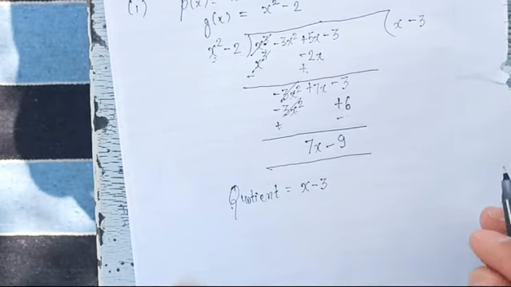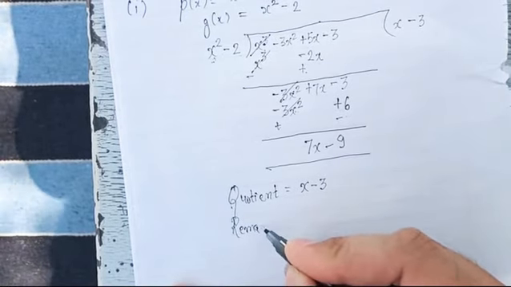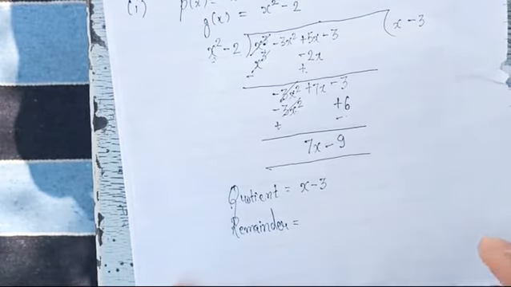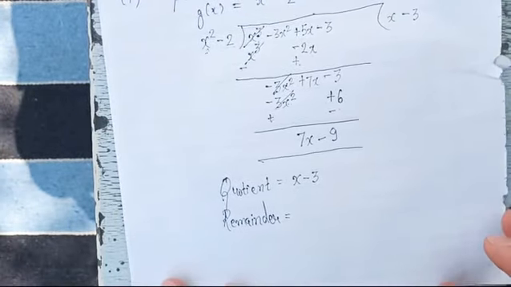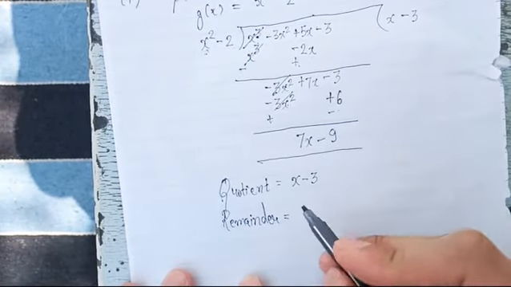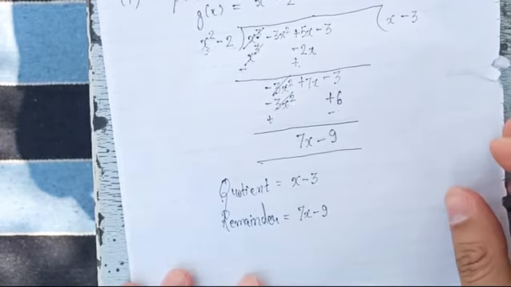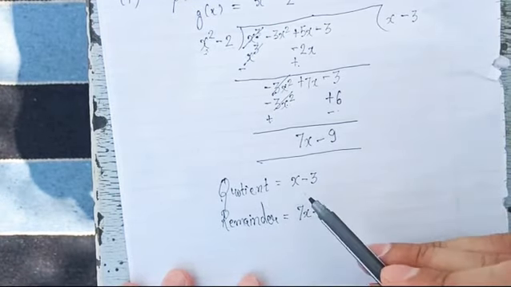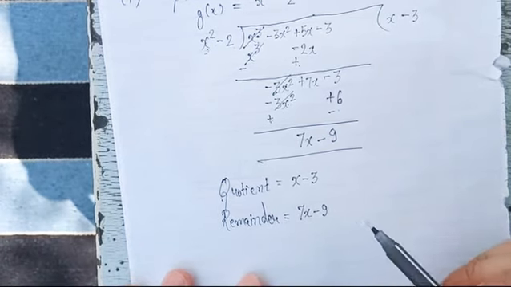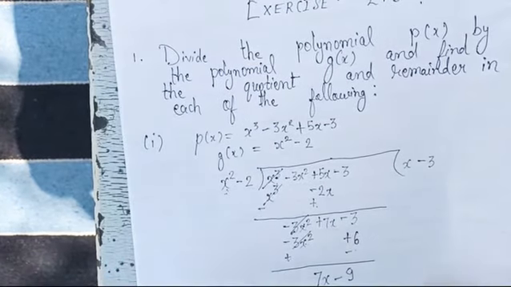Then remainder, okay. Now the remainder is 7x minus 9. Okay, so quotient is x minus 3, remainder is 7x minus 9. That is the answer. Now moving to the next question. I hope it is clear now.